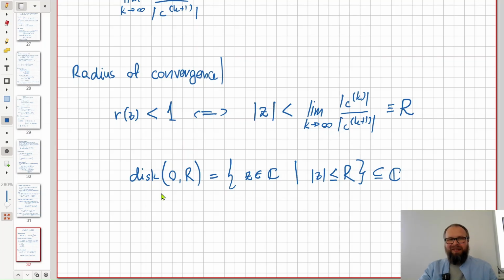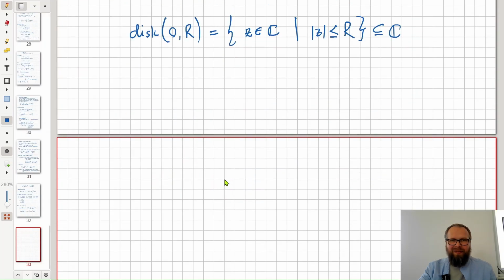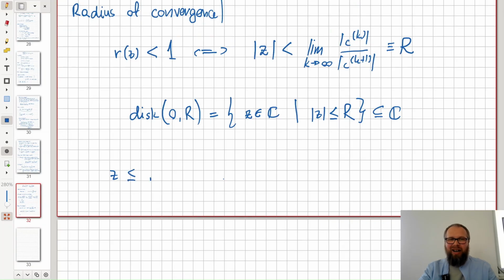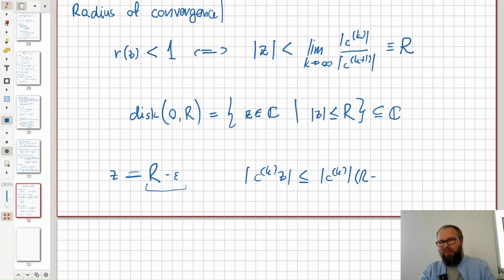So if you set Z smaller than R minus some arbitrarily small epsilon, then the terms of your series, each c_k z^k, are of course less than c_k (R minus epsilon)^k. This is obvious.